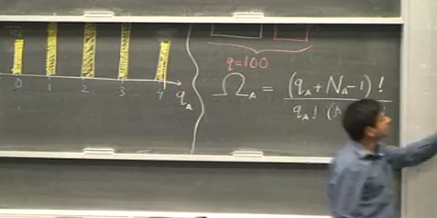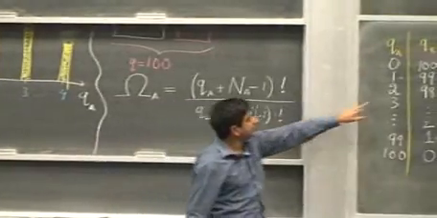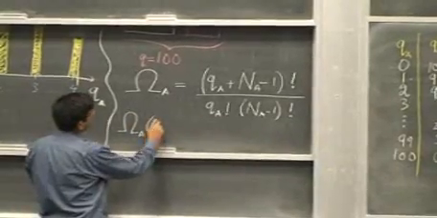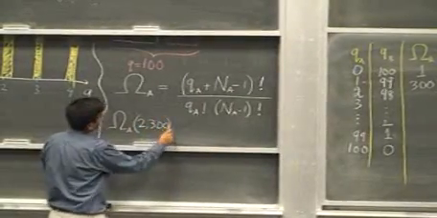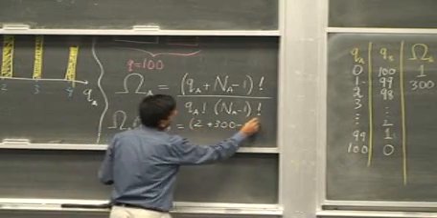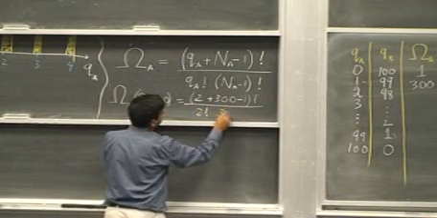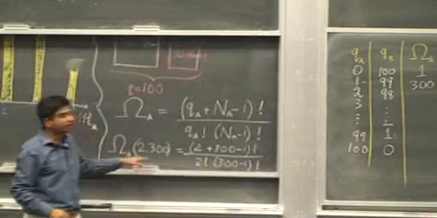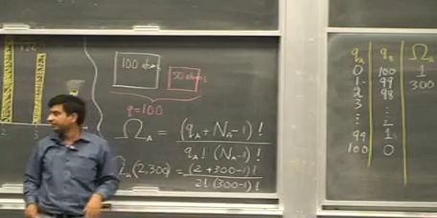So if I would like to calculate what goes here, I would take QA equals 2, the number of oscillators is 300. I would take 2 plus 300 minus 1 factorial divided by 2 factorial divided by 300 minus 1 factorial. And I would use a computer to solve this, or a calculator that can go to a very large number of significant figures.